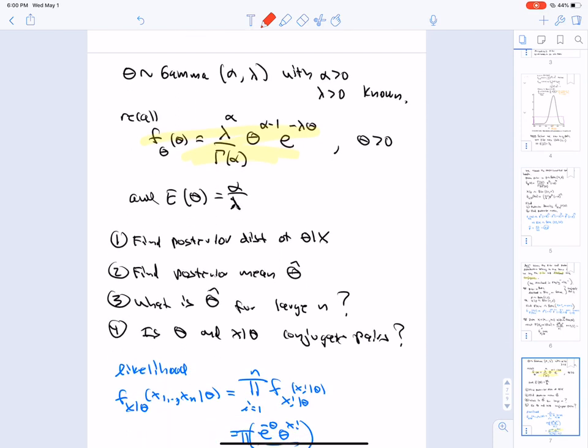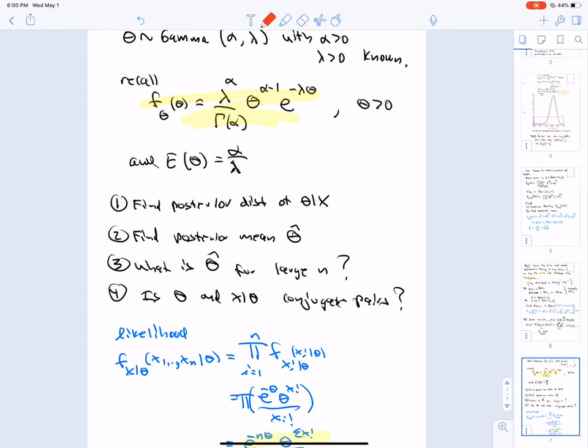So I asked you to find the posterior distribution of theta given x, find the posterior mean, what is the posterior mean for large n, and are theta and x given theta a conjugate pair.